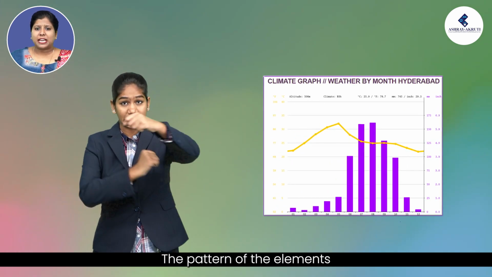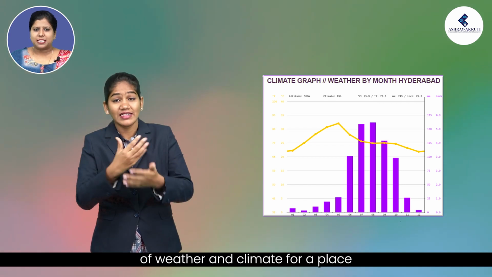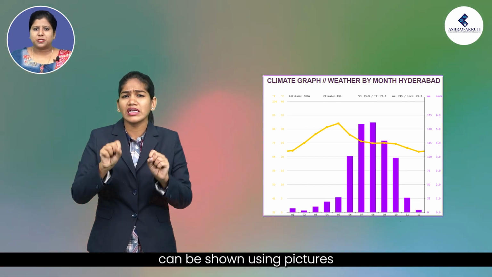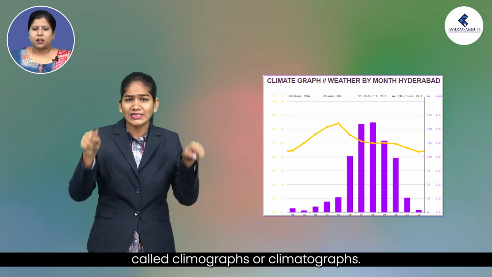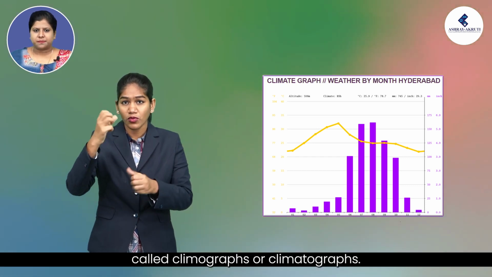The pattern of the elements of weather and climate for a place can be shown using a picture called climographs or climatographs.